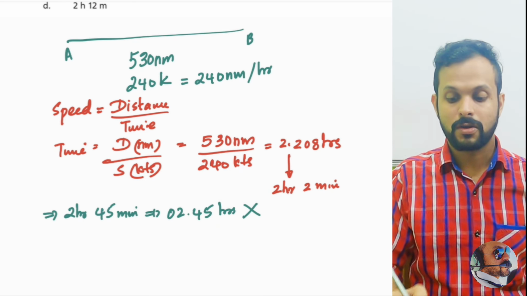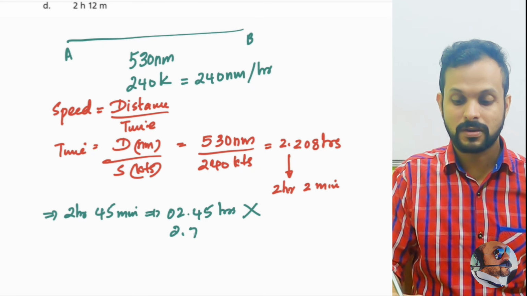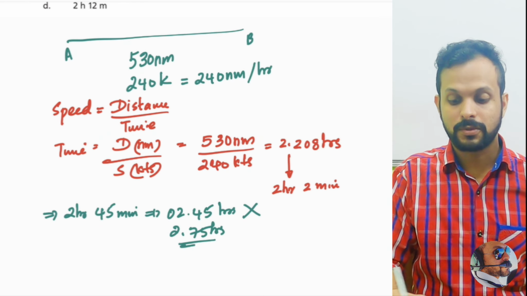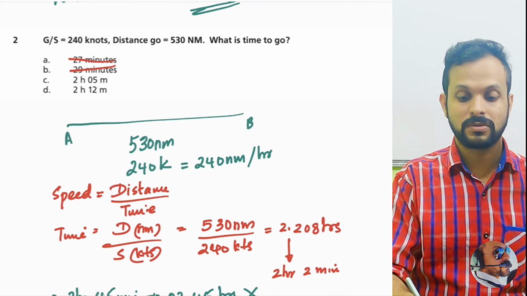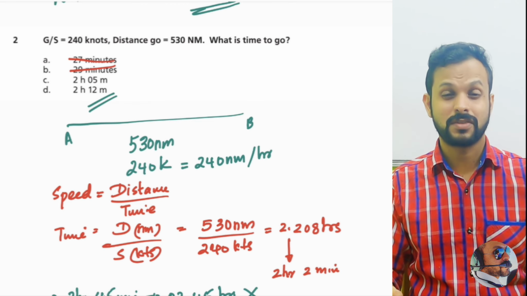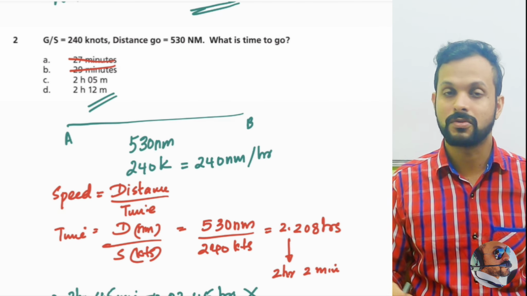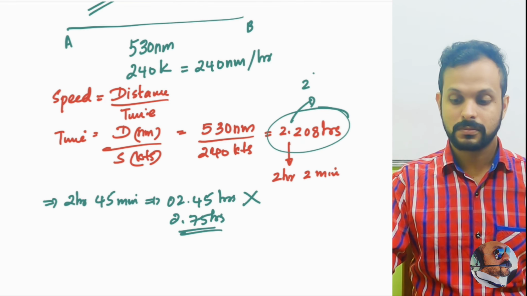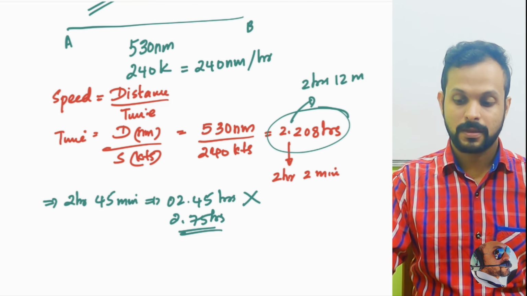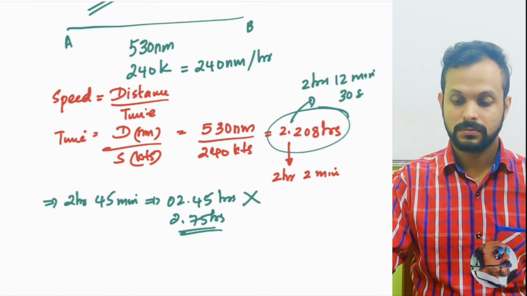Writing 2.45 is completely wrong. This can significantly change your answer, especially with the options. If you look at this question, which is pretty close, 2 hours 5 minutes, 2 hours 12 minutes, we might really end up in trouble. All right, perfect. 2.2 hours is 2 hours 12 minutes and 30 seconds.